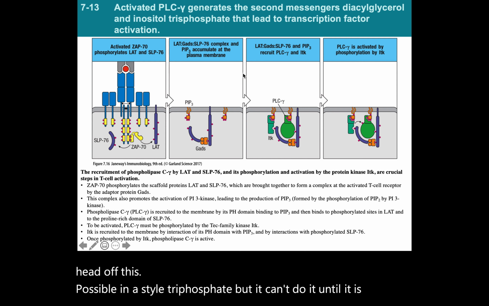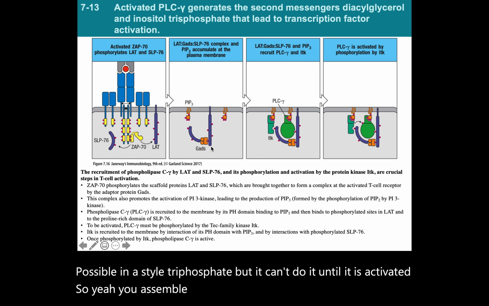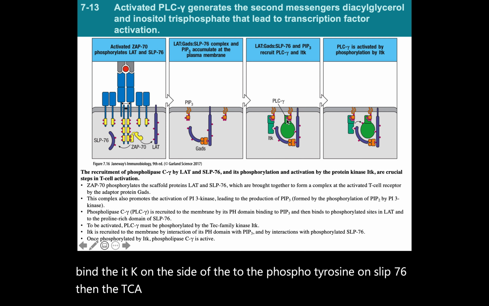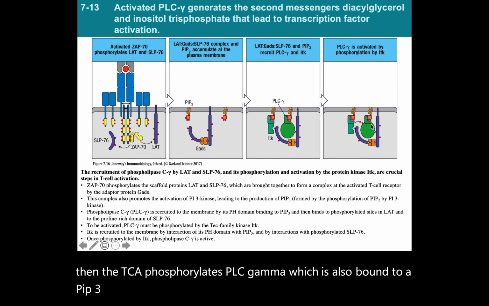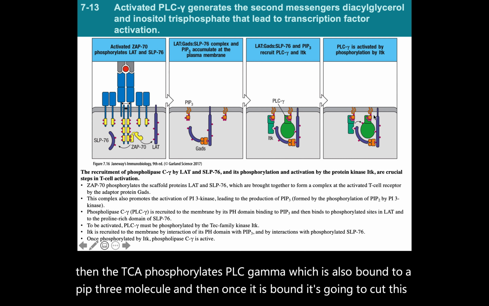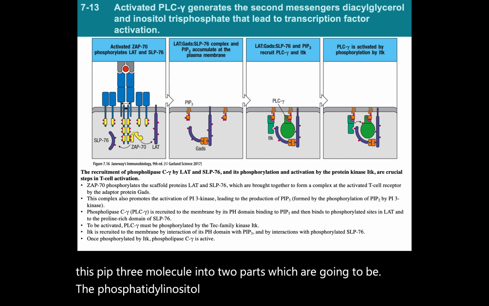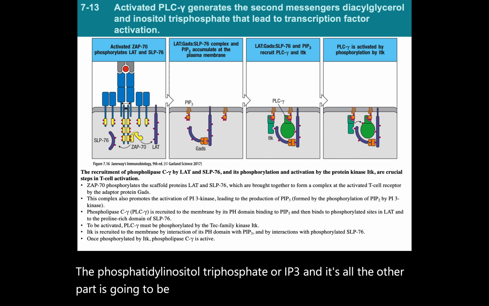So you assemble the complex with GADS in the middle. You bind the ITK on the side of the complex to the phosphotyrosine on SLP76. Then the ITK phosphorylates PLC gamma, which is also bound to a PIP3 molecule. And then once it is bound, it's going to cut this PIP3 molecule into two parts, which are going to be the phosphatidylinositol triphosphate, or IP3, and the other part is going to be called diacylglycerol, which is just the tails.